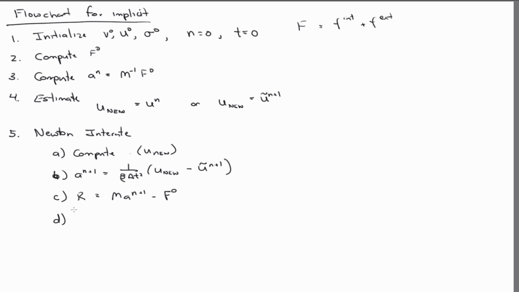So then we have a residual, and we find the tangent stiffness matrix. Modify the tangent stiffness matrix for the boundary conditions. For our essential boundary conditions, this is the same procedure. We're going to put ones on the diagonal and zeros elsewhere.